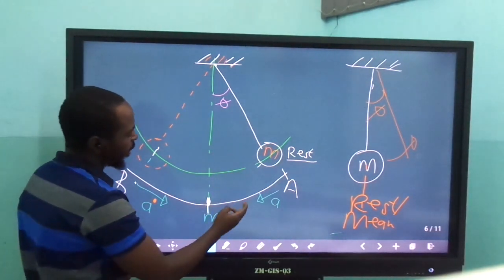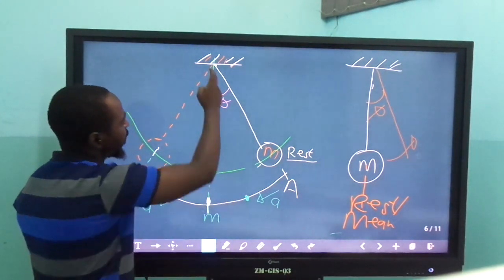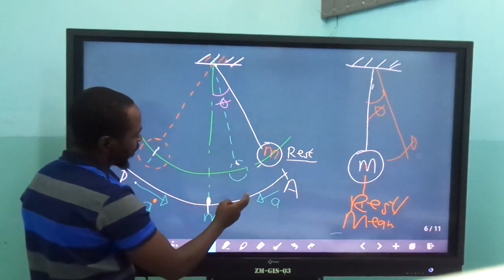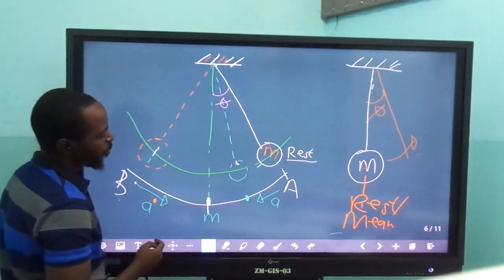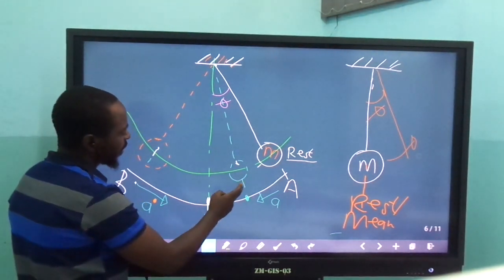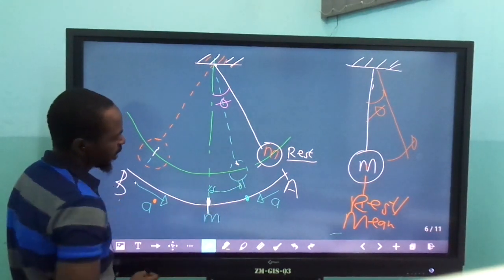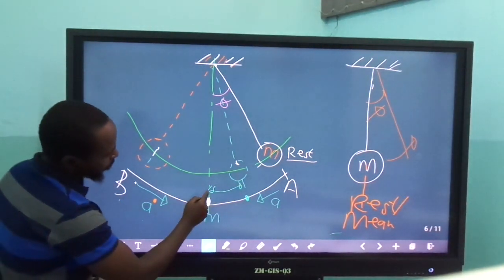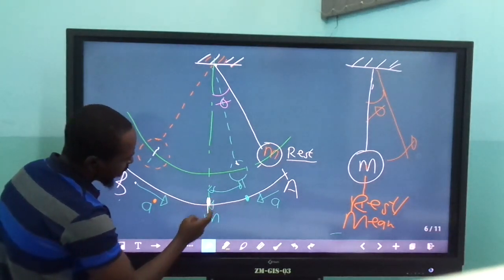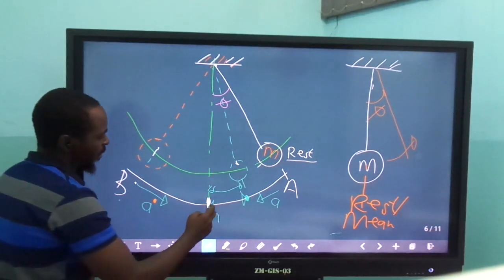So let us say we want to find the acceleration when the ball is in this position. So we have got this distance from the mean to the point where the mass is.